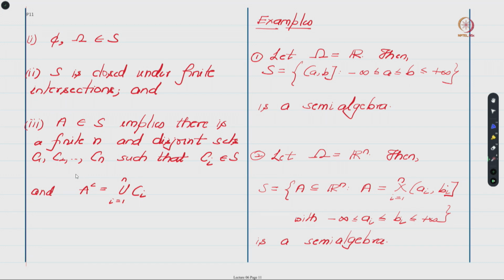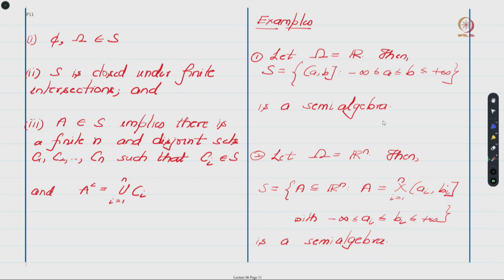So let us look at an example of a semi-algebra. Let us say omega is R, and let us say S consists of elements of the following form. It is made up of intervals which are open at one end and closed at the other end, and A and B satisfy this condition. One can check that this collection is a semi-algebra.